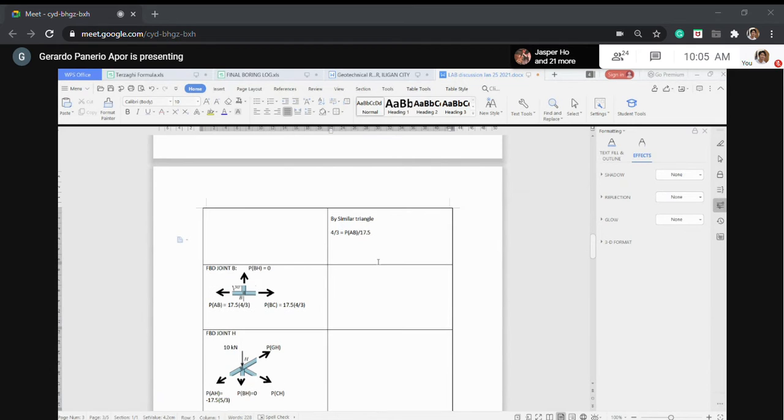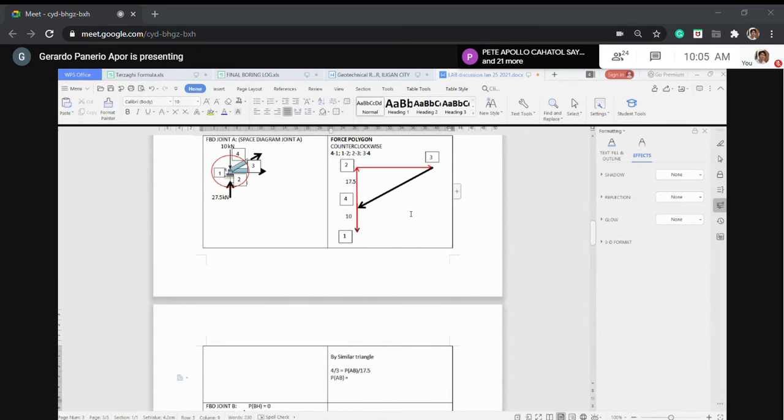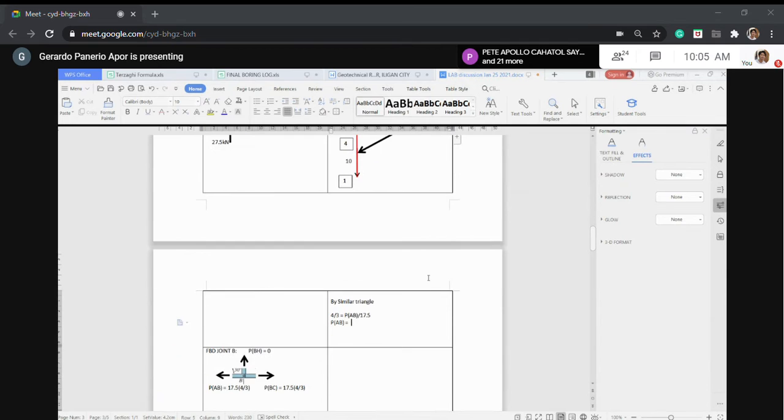So PEB equals 4 times 17.5 divided by 3. So that's 23.33.